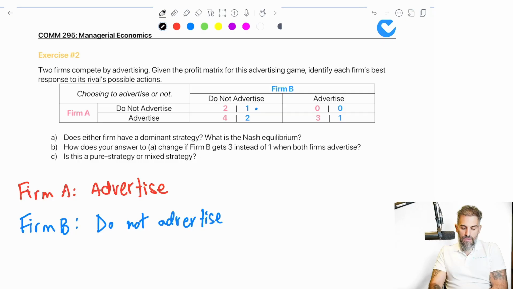Firm A, if firm B doesn't change, right? And that's the whole point. If firm B continues to not advertise, firm A cannot earn a higher profit by changing their decision. If they change their decision, they make a lower profit. Same thing with firm B. As long as firm A is choosing to advertise, firm B cannot earn a higher profit if they change their decision, because if they did, they would have a lower profit. So this is a Nash equilibrium, and it's the only one.